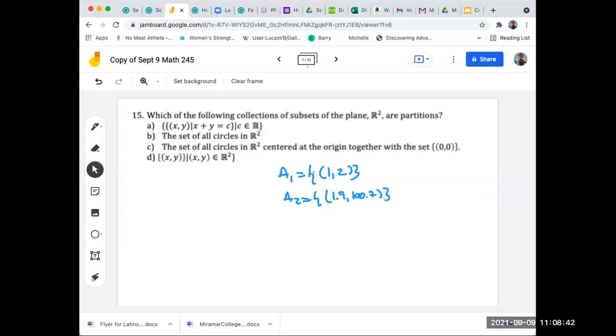So each set has one singular coordinate point in it, okay? That's what that says. All right, so if I have a point here, a point here, a point here, a point here, a point here, a point here, can I fill R2 by drawing an infinite number of coordinate points? Yeah, so it fulfills the union thing.